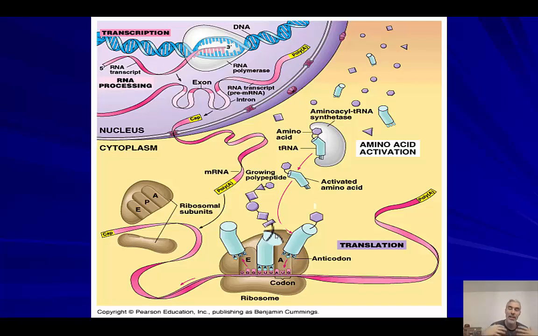Everything moves over until it hits a stop codon, everything falls apart, and then the protein will assemble itself, right, due to R group interactions. Remember, those tRNAs can get reloaded using these aminoacyl tRNA synthetases, so they can keep adding amino acids as needed to proteins.